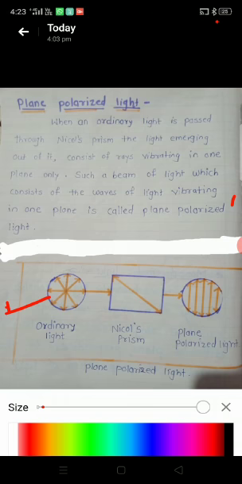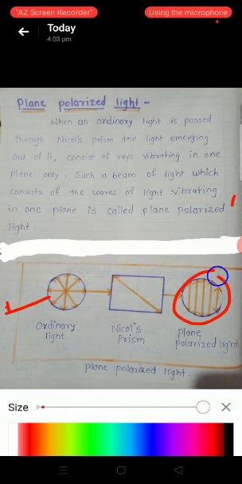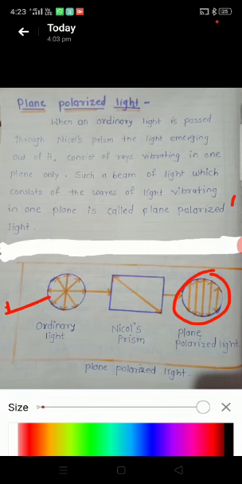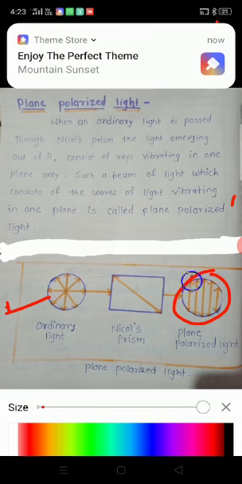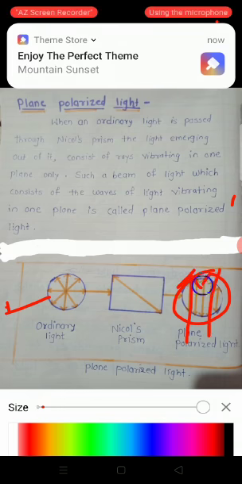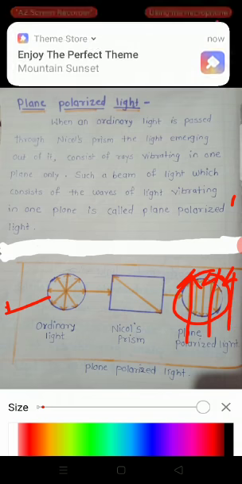Ordinary light when passed through Nichols prism, then the light emerging out of it consists of rays vibrating in only one plane. See here, all the rays vibrate in only one plane in this way.